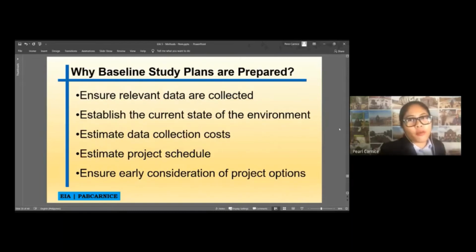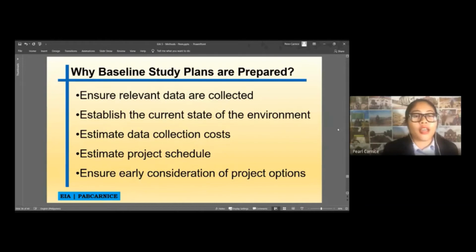And then, of course, we have to prepare our baseline study plans because we have to ensure that relevant data are being collected. Because there might be data that are not really relevant, but we gave our time and efforts to gather them. Of course, we have to establish the current state of the environment, which is a very important part of your EIA study because it will be the reference point.